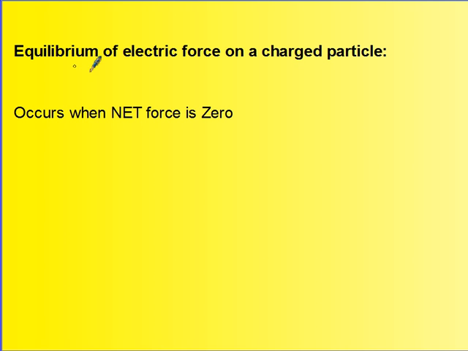Now we're going to talk about equilibrium. Equilibrium, you remember, is just when your net force is 0. Now, forces are vectors. So the net force is going to be 0 when the force from one particle is equal and opposite to the other particle.